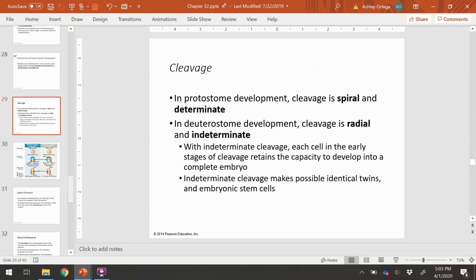The difference comes through the cleavage, the rapid cell division that the zygote undergoes. For protostome animals, their rapid cell cleavage is going to be what we call spiral and determinate. As the cell divides and becomes a new cell, it divides in a way that produces a kind of spiral form in the ball.